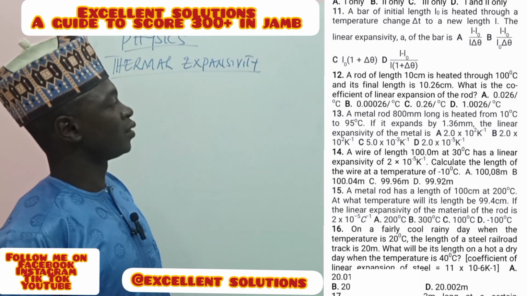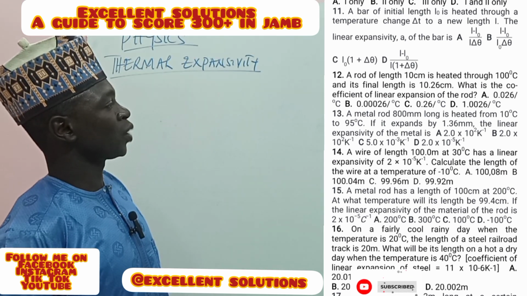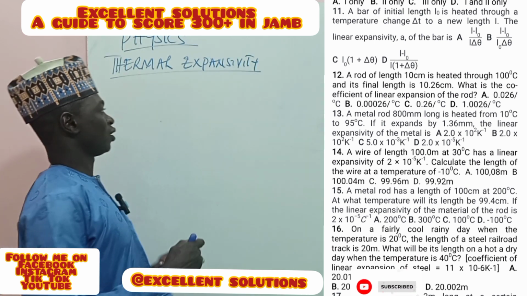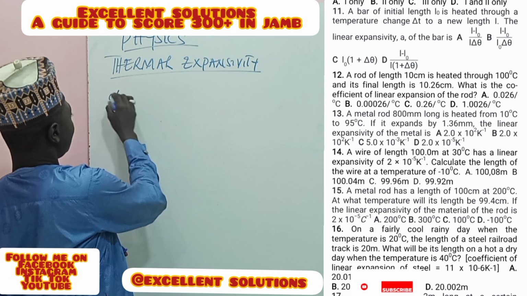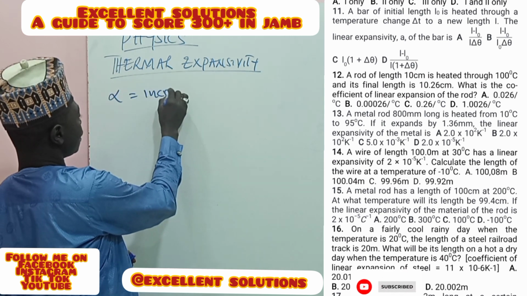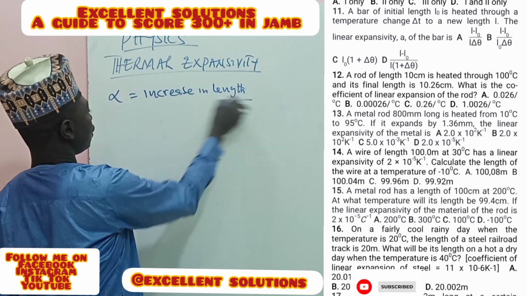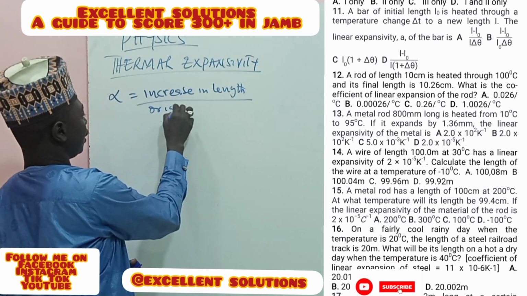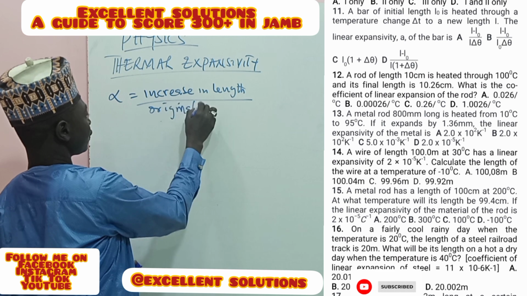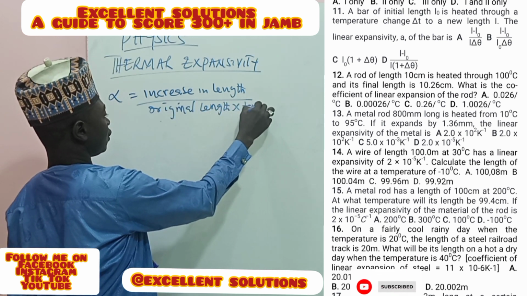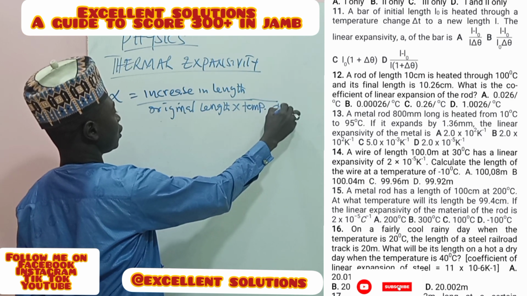a new length L. The linear expansivity alpha of the bar is, so if you recall the definition of linear expansivity, we said alpha equals increase in length over original length times temperature change.